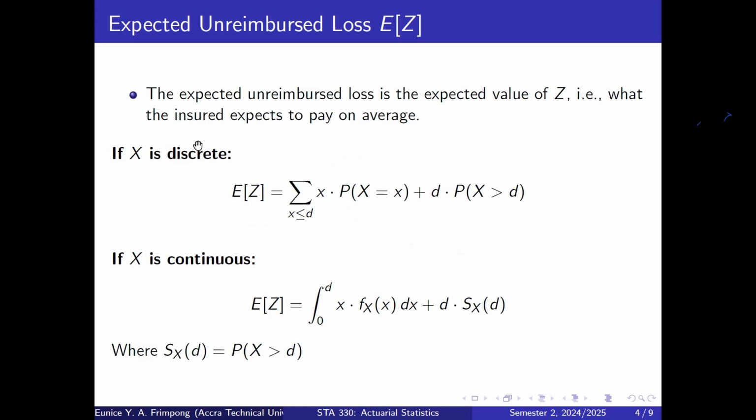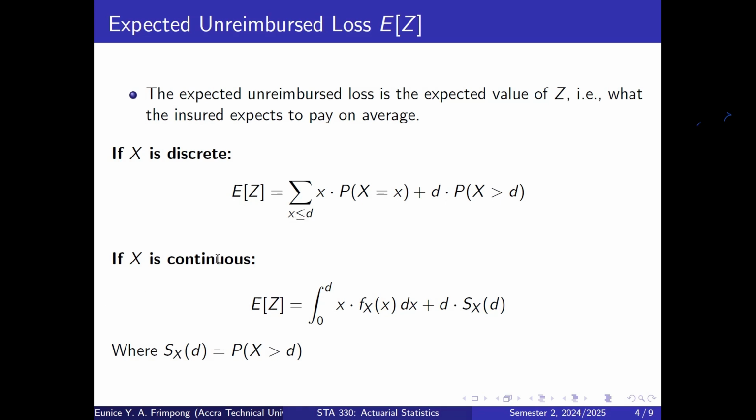If X is discrete, we have E of Z equals the summation of x times the probability mass function, plus the deductible times the probability that X is greater than D.